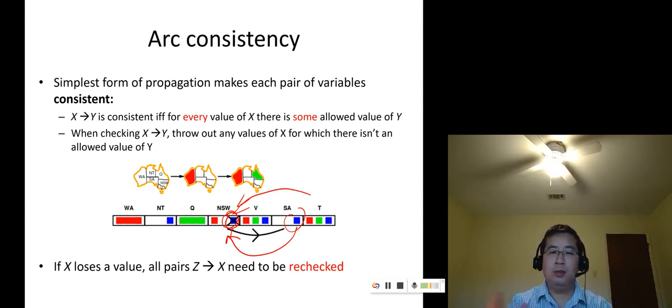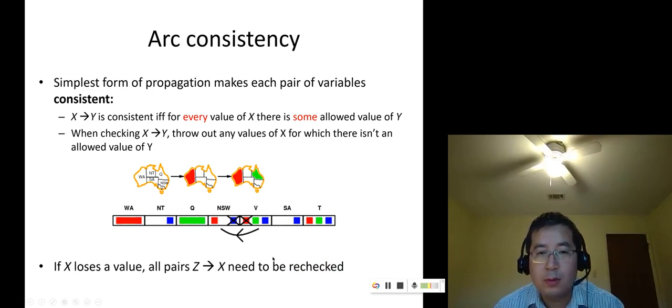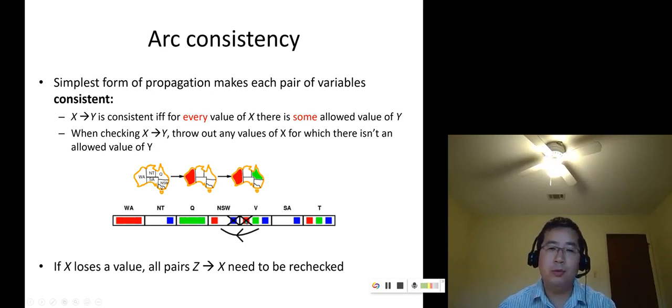So whether you will delete a value which violates this arc consistency, all pairs Z to X need to be rechecked. Let's look at V to SA, there's no problem, but here you can find V to NSW has deleted one more value just because this one violates the arc consistency.